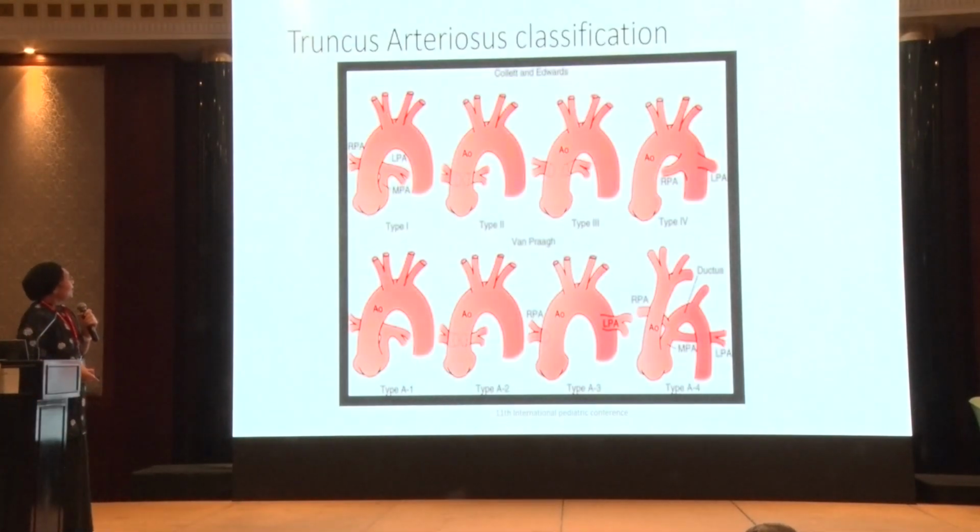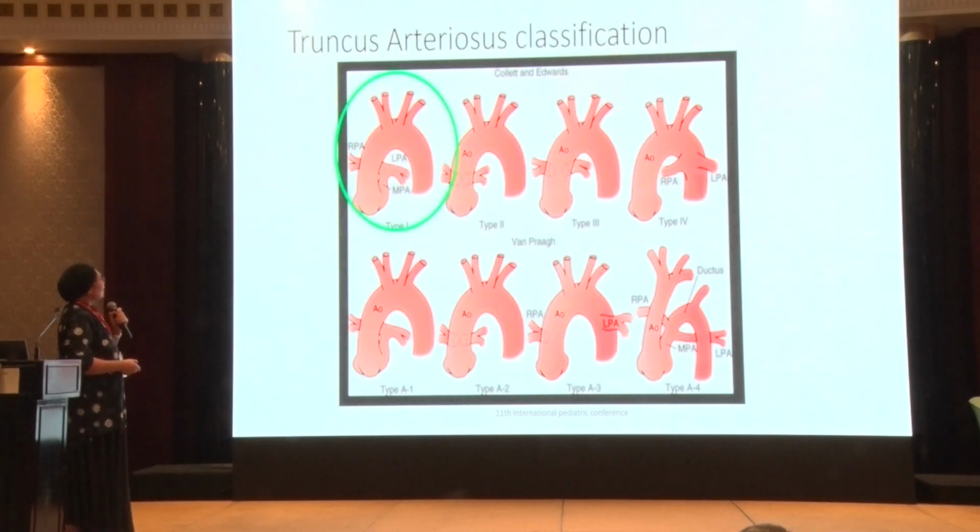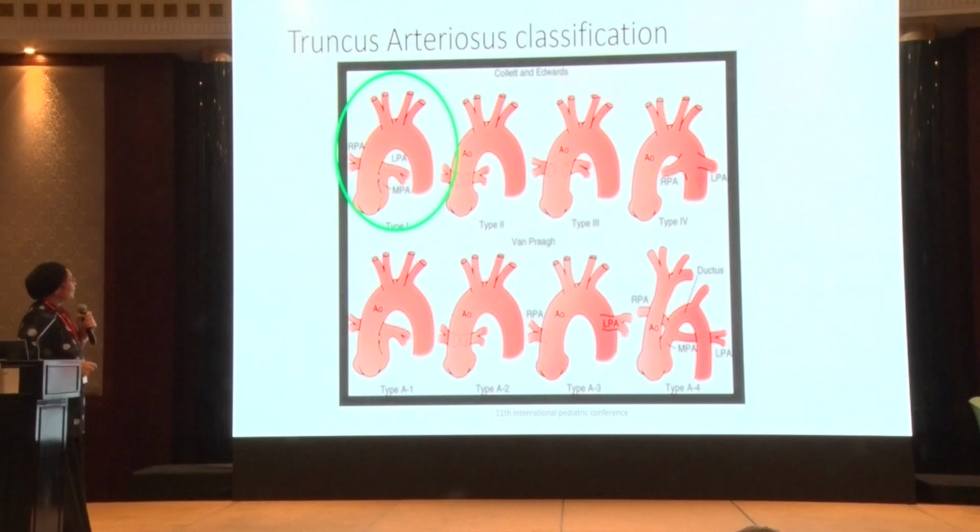And this is a different classification of the truncus arteriosus. As we thought it's a type 1, we can see the major trunk with the vessels directly coming from it, with the main pulmonary artery that is arising separately. The pathophysiology behind this truncus arteriosus is the partial absence of the aortopulmonary infundibulum.